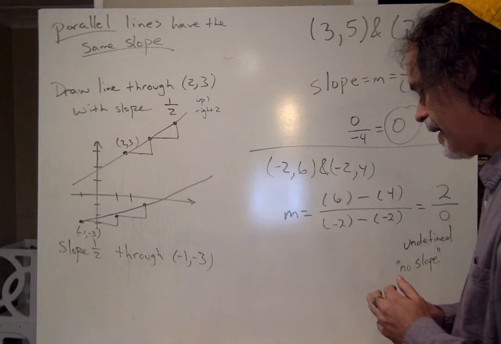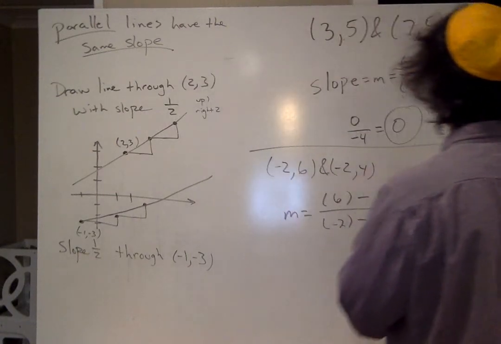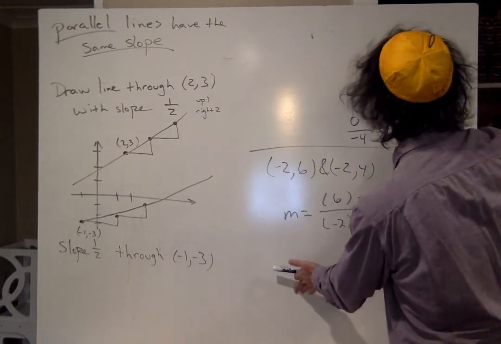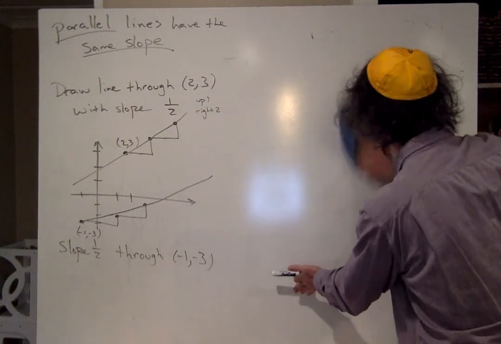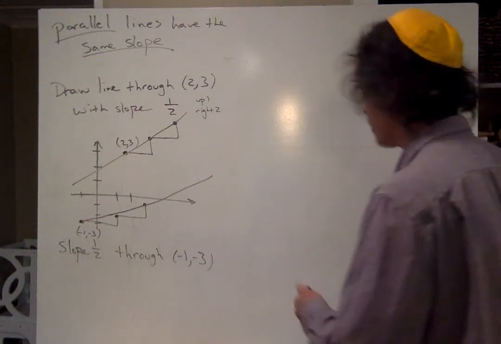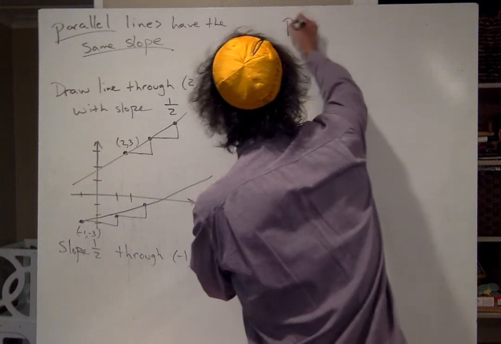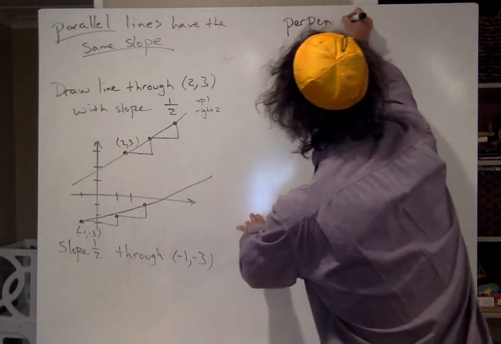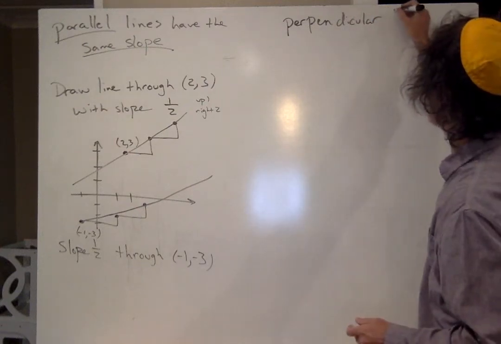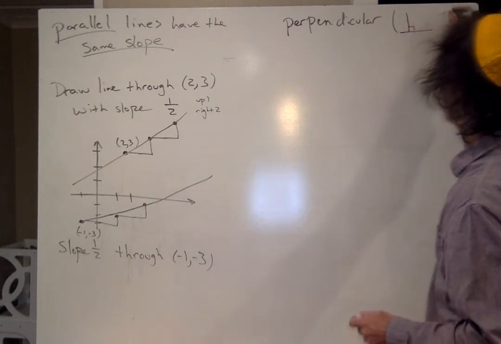Okay. Not too bad. Now, one more thing to do is perpendicular lines. As you may recall, perpendicular things are at right angles to each other.